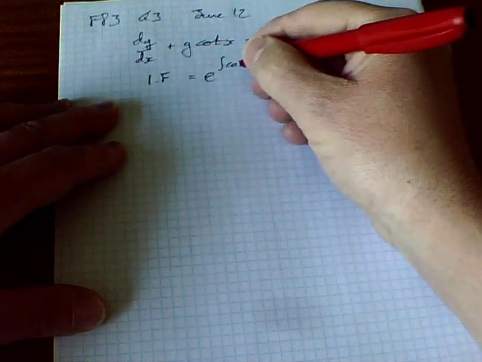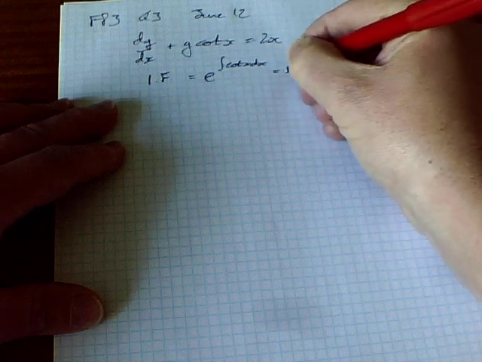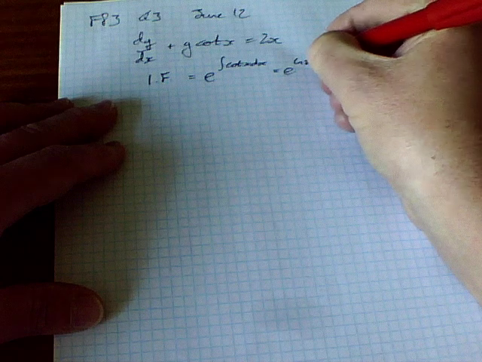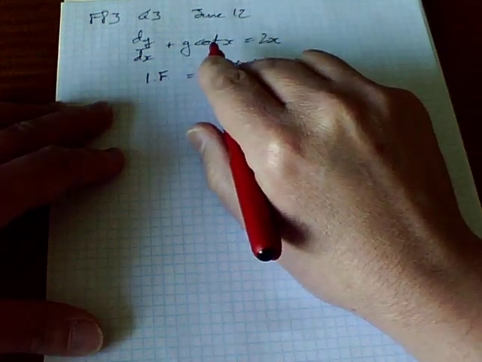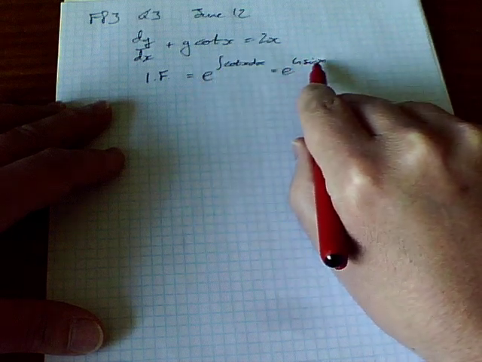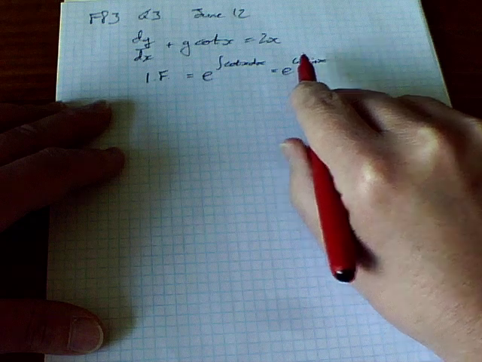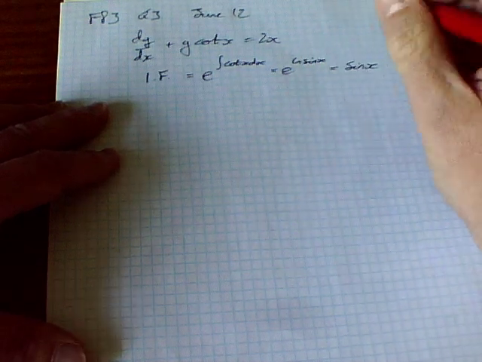Now, if you look up in the green book, the integral of cot x is ln sine x, so that's e to the ln sine x, and we see immediately why they picked this. A lot of these questions are relatively contrived, and that integral of cot gives me ln sine x. e to a natural log is just sine x there.